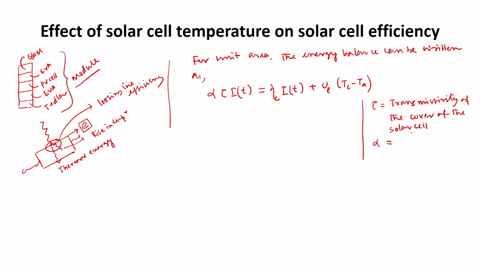Alpha is the absorptivity of the solar cell, eta c is the electrical efficiency, and U L is the overall loss coefficient.